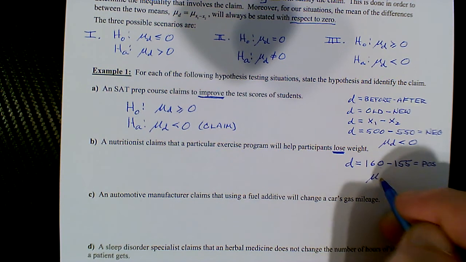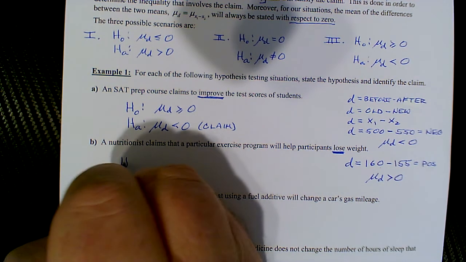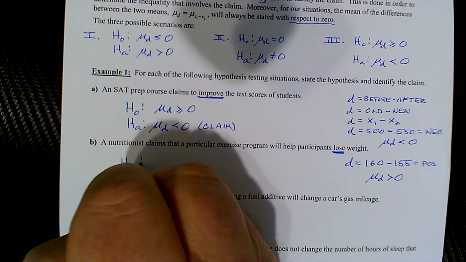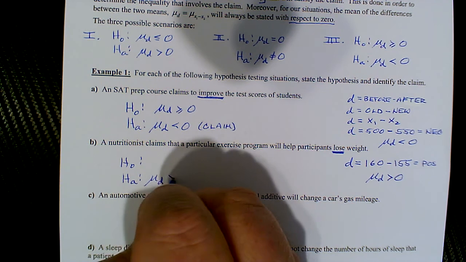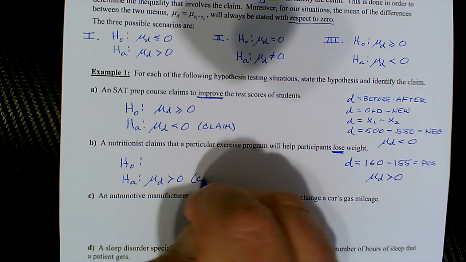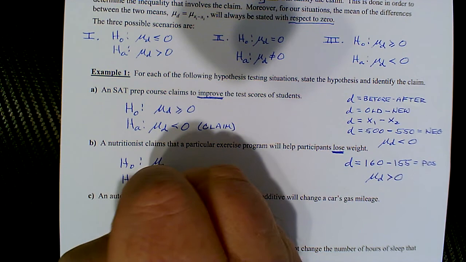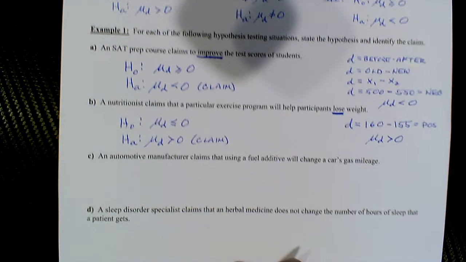So then mu sub d is going to be greater than 0. So when we state our H0 and our HA, okay, it's strictly greater than, so it goes with the alternative, and that's our claim. And then mu sub d is less than or equal to 0 would be the null.